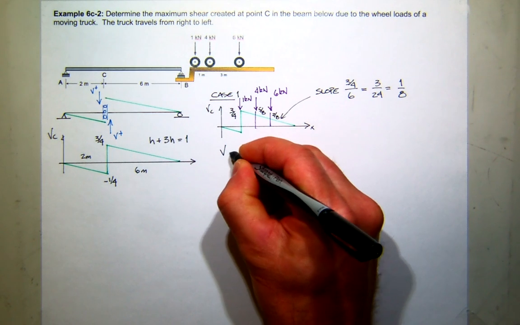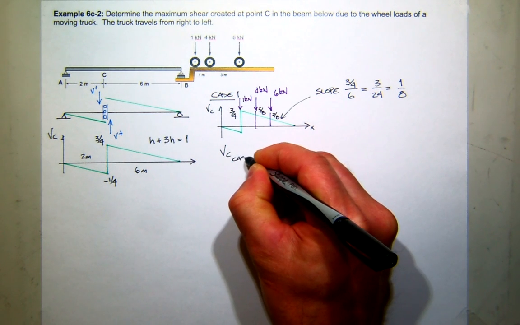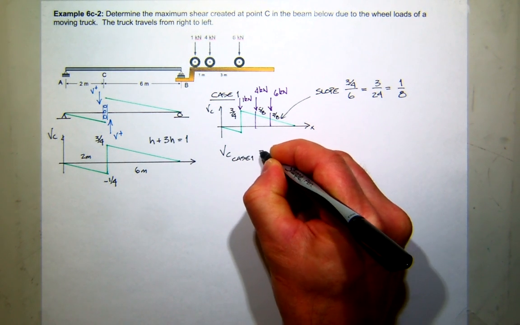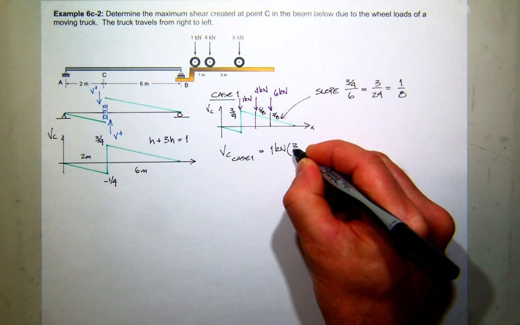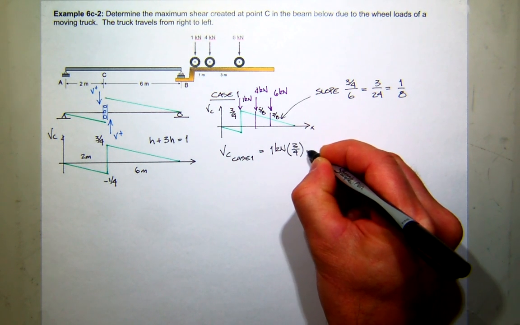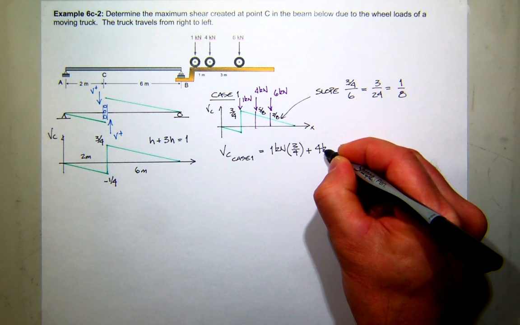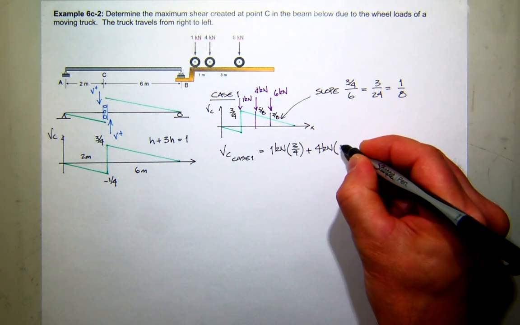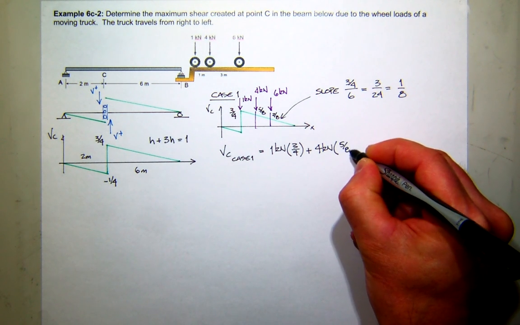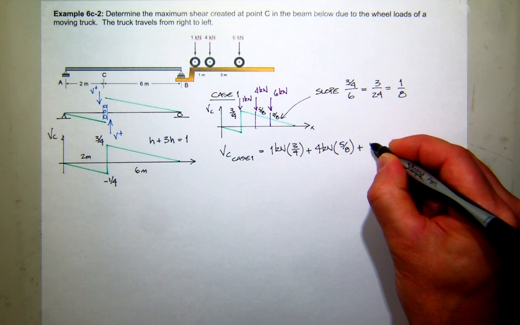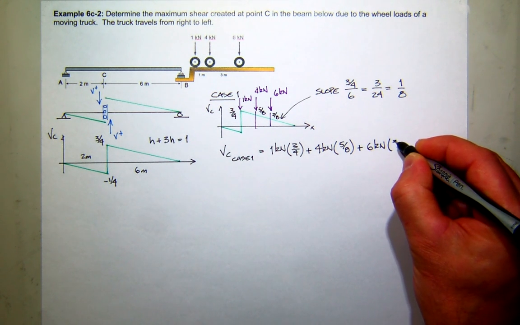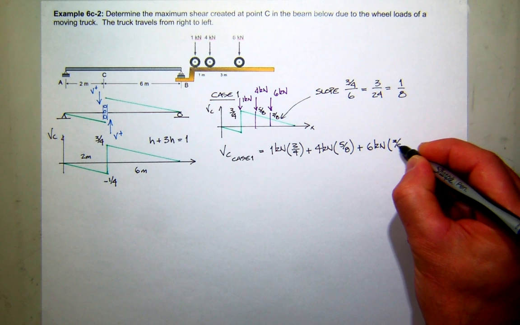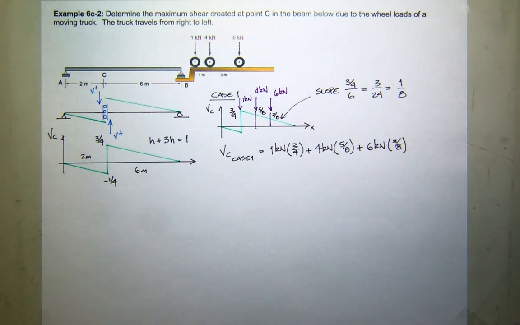So now the shear at C for case 1 will be 1 kilonewton times 3/4 plus 4 kilonewtons times 5/8 plus 6 kilonewtons times 2/8. Is that right?